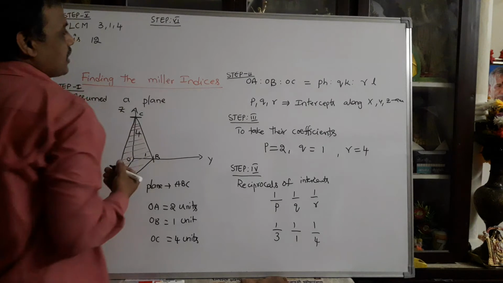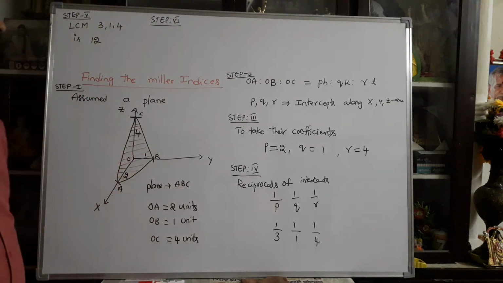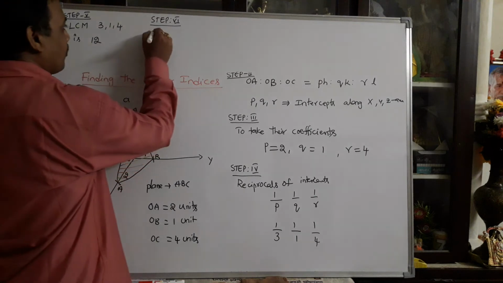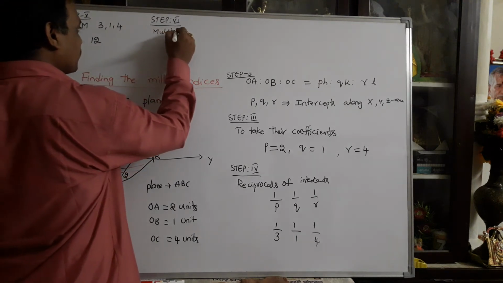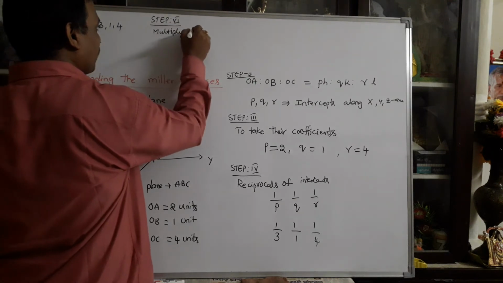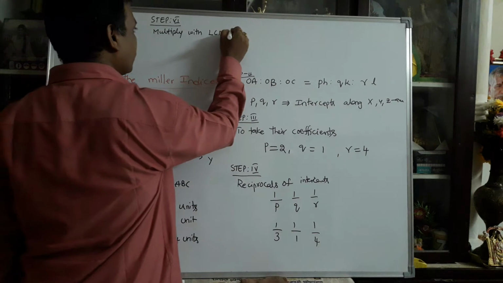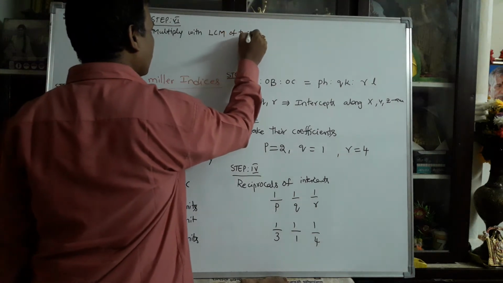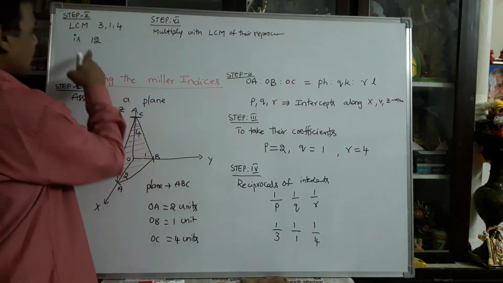After completion of step number 5, we go to step number 6. What is step number 6? We multiply each reciprocal with their LCM. So LCM is 12.